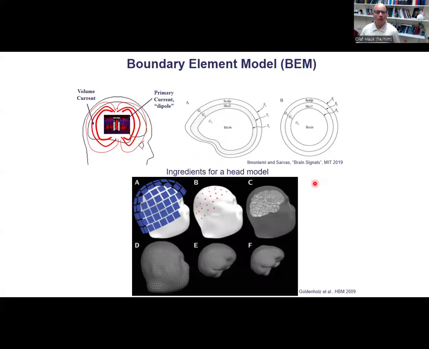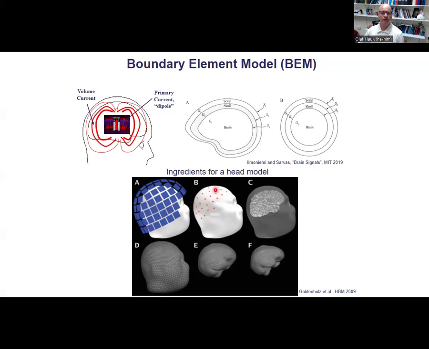And ultimately, what we need for our head modeling are these types of information. We need to know where our sensors are relative to the brain. So we have to co-register our imaging modalities somehow, because MRI and MEG data are usually not measured in the same coordinate system. Same for EEG.